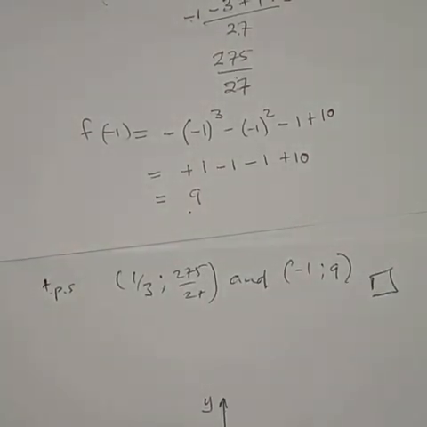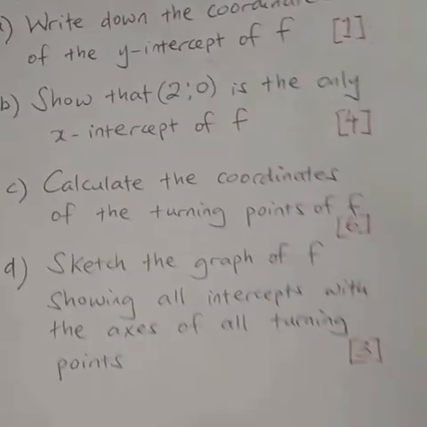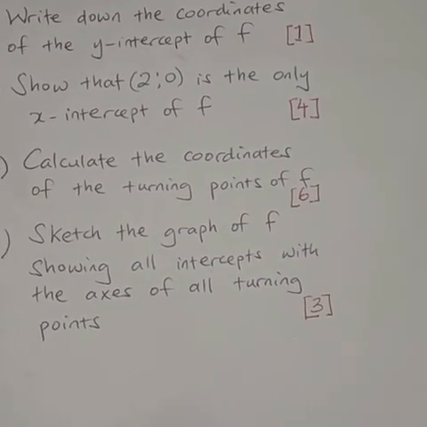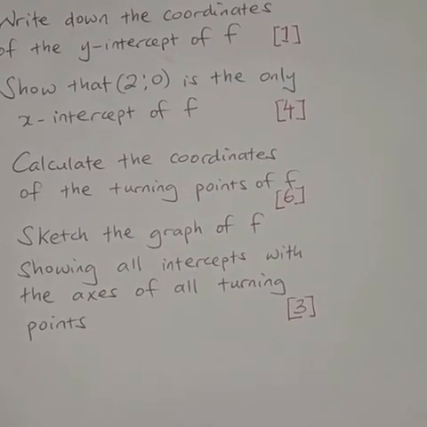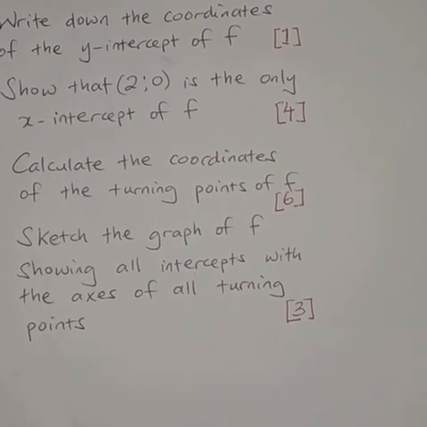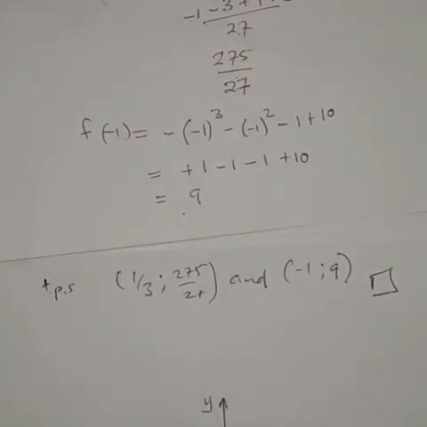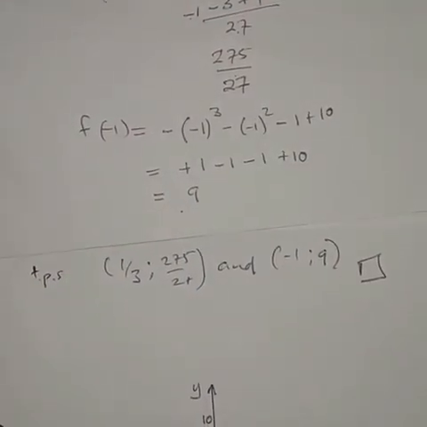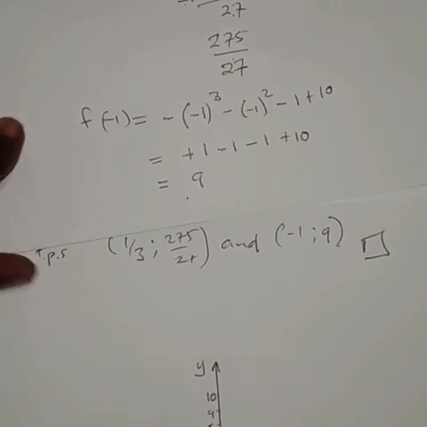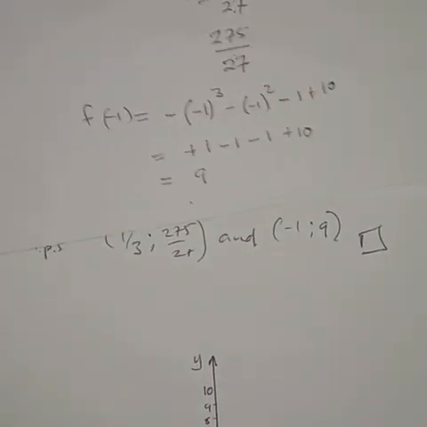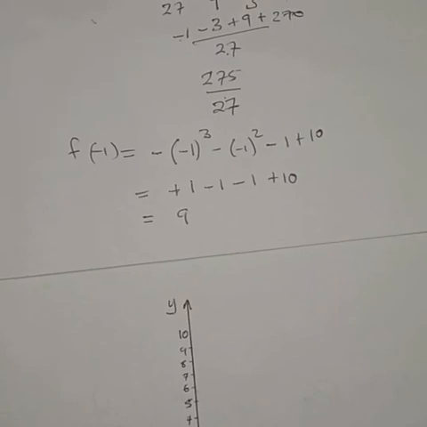Now the next question requires us to sketch the graph of f showing all intercepts with the axes and all turning points. Now I had prepared a grid for that graph there.